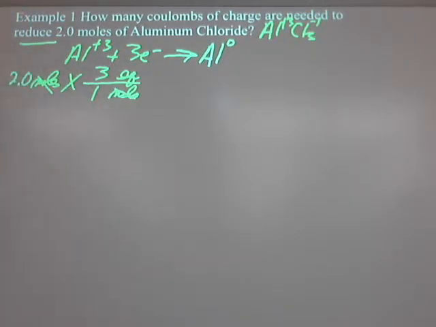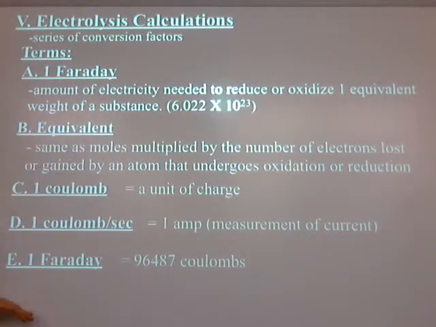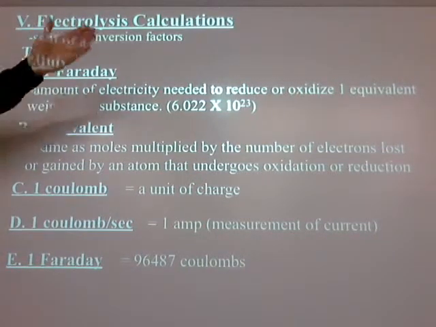Now, let's look back. These are all the terms we can convert to, right? I am now in equivalents. I've got to get to a physics term. The link is Faraday's, right? How are Faradays related to equivalents? They're the same. 1 Faraday is basically 1 equivalent.